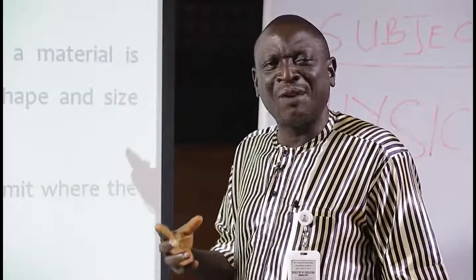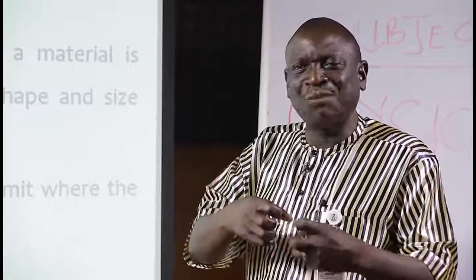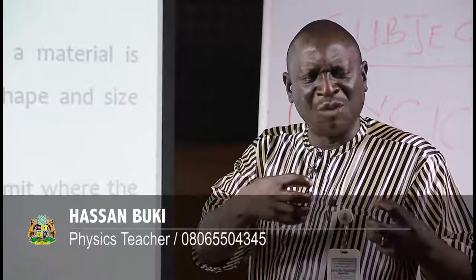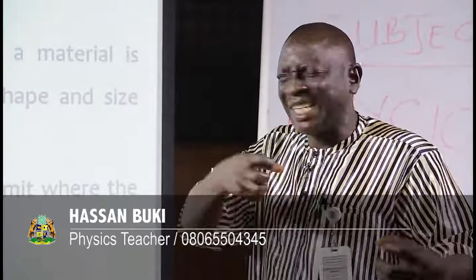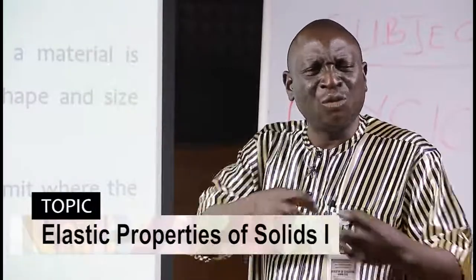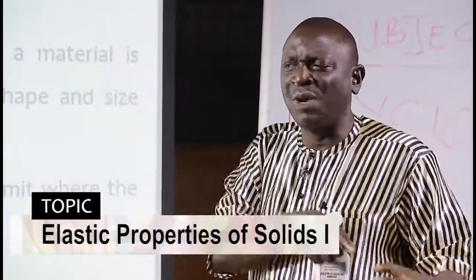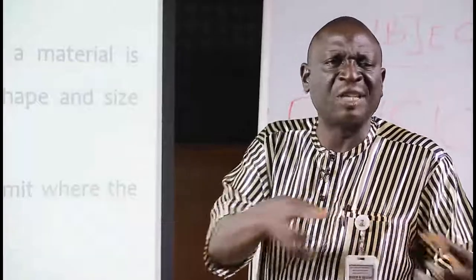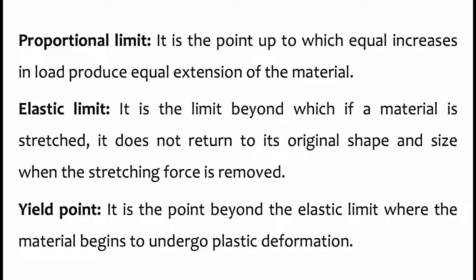That is the point whereby if an elastic material is stretched, for example, a spring, beyond this elastic limit, when the force is removed, it will never go back to its original shape and size again. Then our yield point is the point beyond the elastic limit where the material begins to undergo plastic deformation.